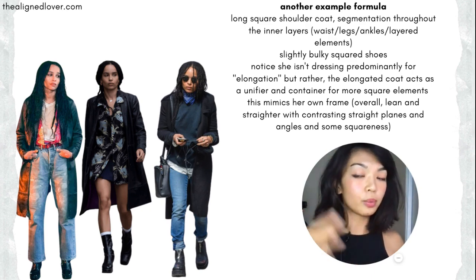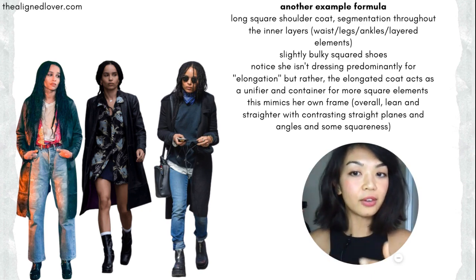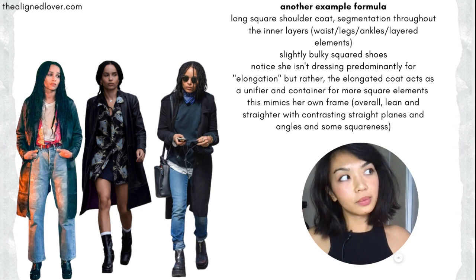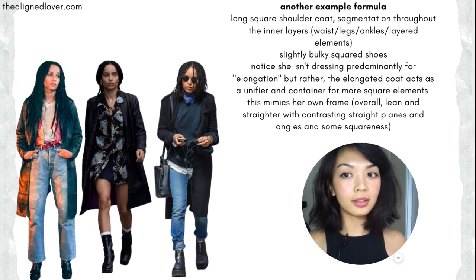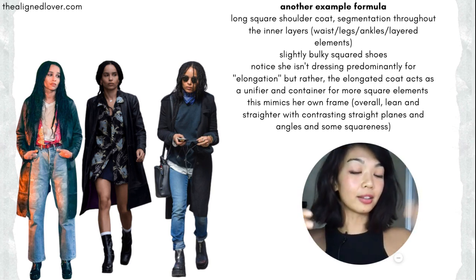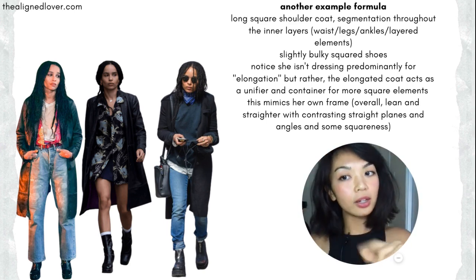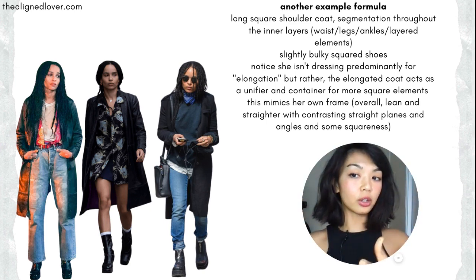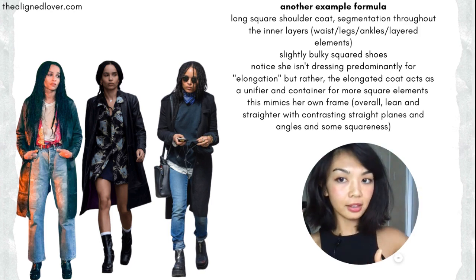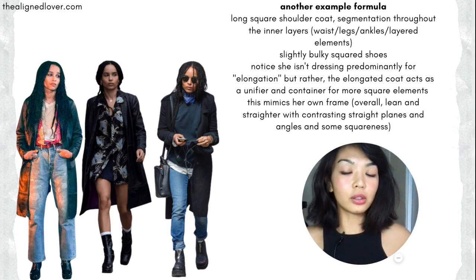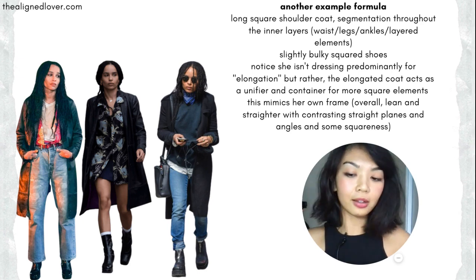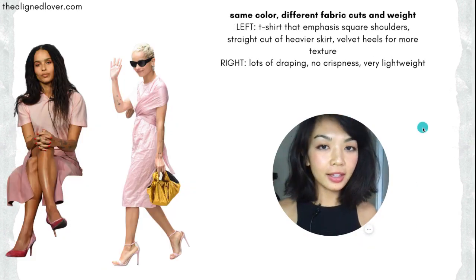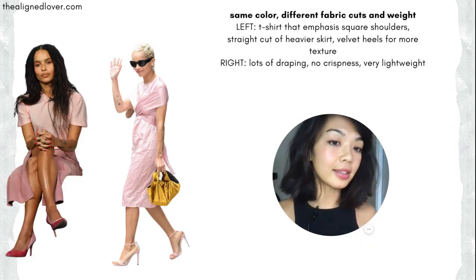If you were to put this same kind of outfit on someone who has a very, very big emphasis on elongation, the squareness might kind of get in the way, but because of her particular balance, it just looks very iconic on her.